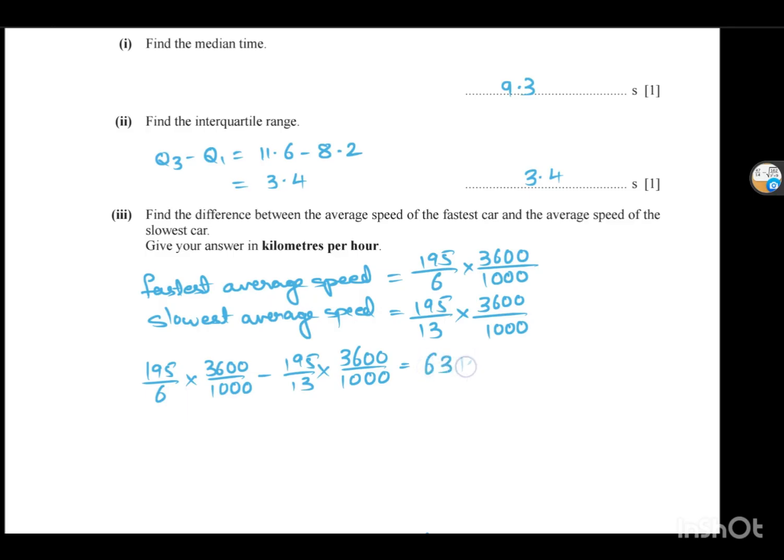So 63 kilometers per hour is the difference between the average speed of the fastest and the average speed of the slowest car.